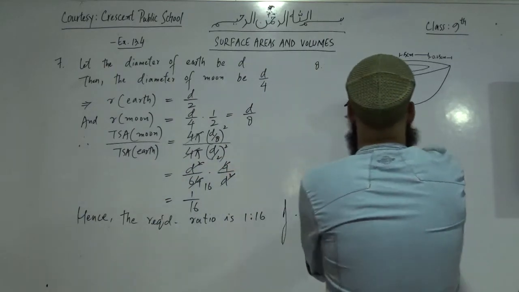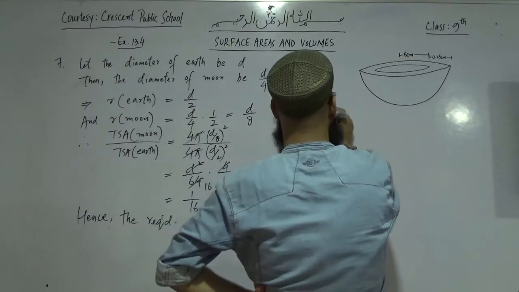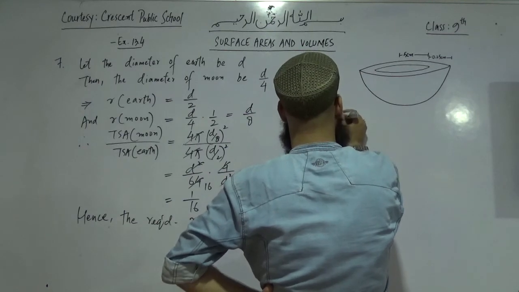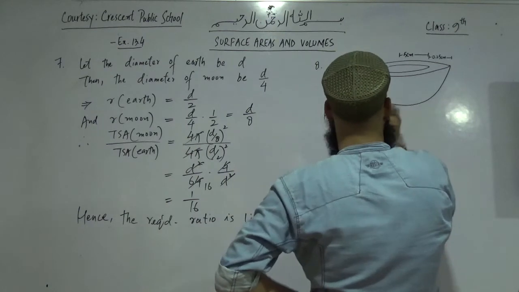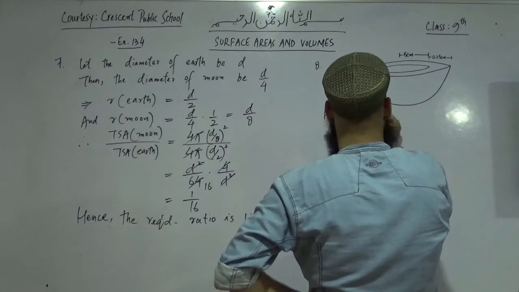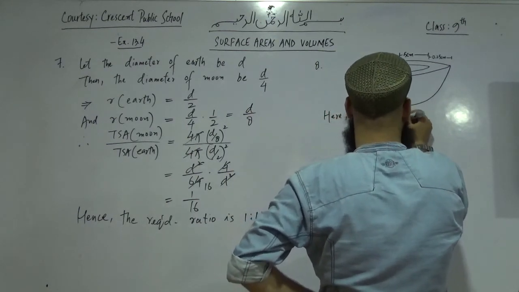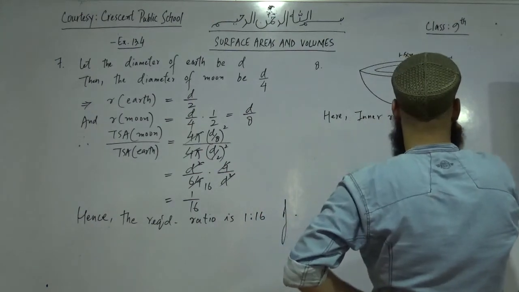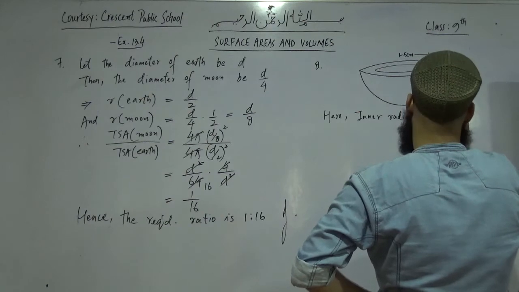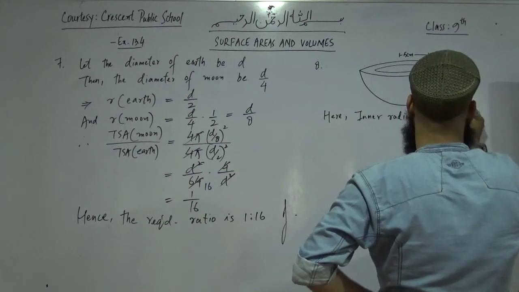Let us see how we'll do it. Here, inner radius, let us say Ri. Inner radius is how much? 5 centimeter.